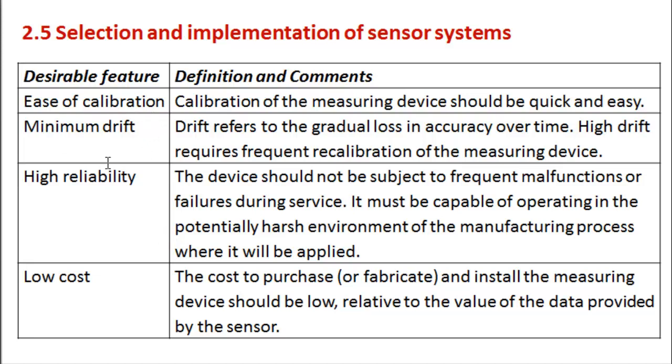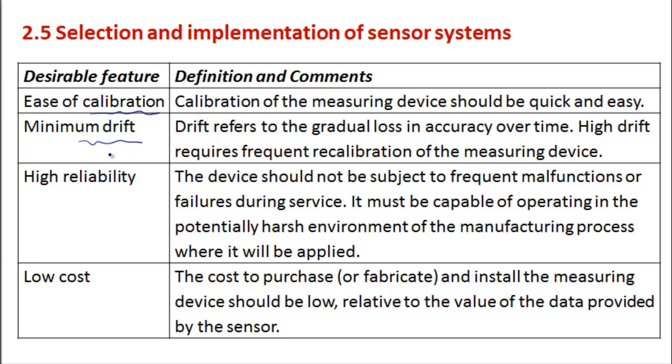Minimum drift, that means it talks about the frequency of calibration. The accuracy should not change very frequently, because once the accuracy changes you will have to do recalibration. For recalibration to not happen very frequently, the system should have minimum drift. That means it should not easily lose accuracy.